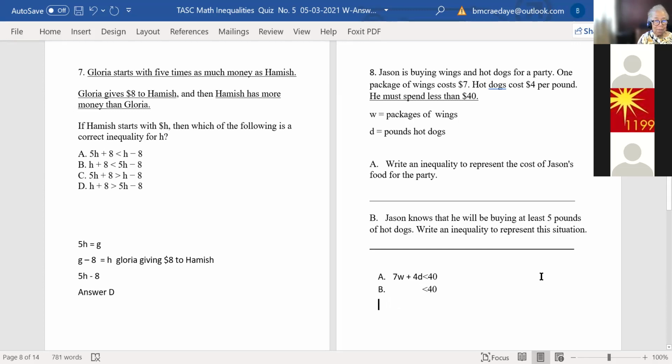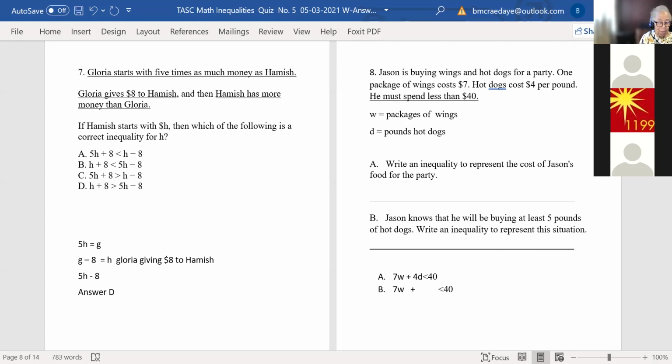The 5 pounds. Well, at least 5 pounds of hot dogs. So the wings are the same, right? The 7W, because it's only the hot dogs that are changing. It says he will buy at least 5 pounds of hot dogs. So when I say plus here, what follows this?